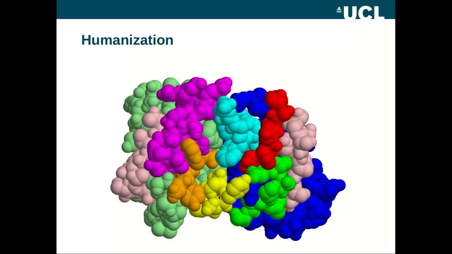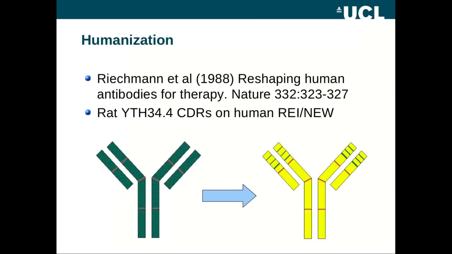So what we can do again with engineering at the DNA level is produce a hybrid where everything is human except for those CDR loops. And this was first done for an antibody that bound to a protein by Reichmann et al. in 1988 in this paper in Nature called Reshaping Human Antibodies for Therapy.